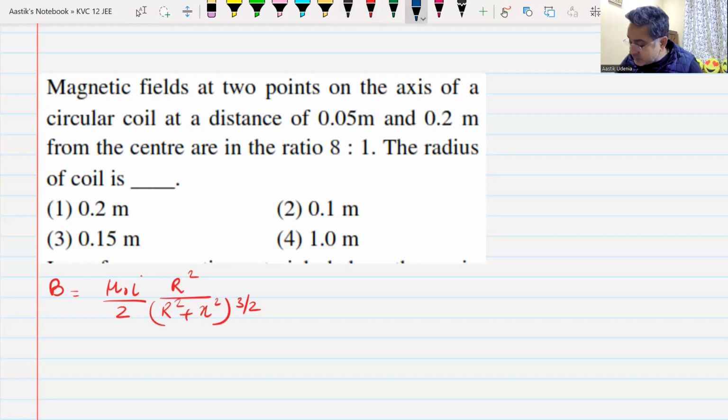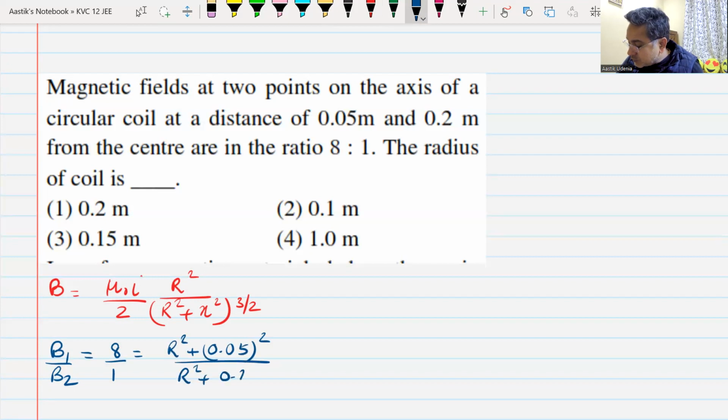You just have to take the ratio then. B1 by B2 will be equal to, everything will get cut. B1 by B2 is 8 by 1. That will be equal to R square plus 0.05 square divided by R square plus 0.2 square raised to the power of 3 by 2.